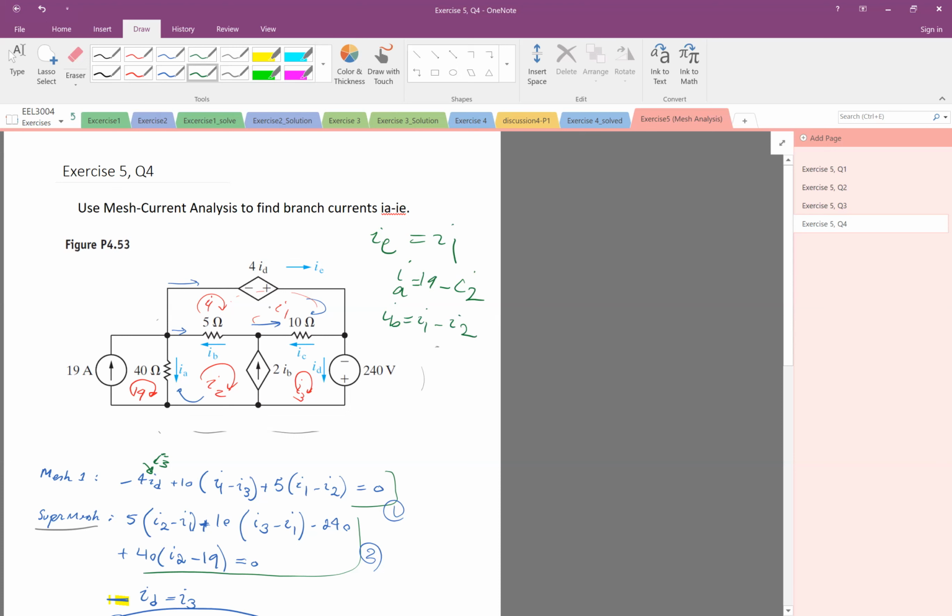IC is I1 minus I3. And ID is equal to I3. So 1, 2, 3, 4, 5. Okay, very good. So this is a relation between the branch currents and the mesh currents.